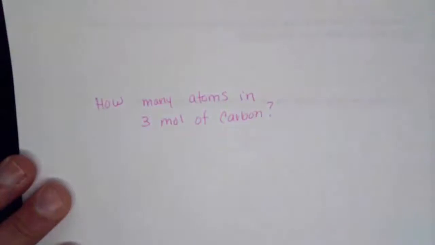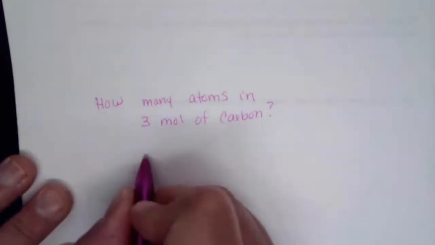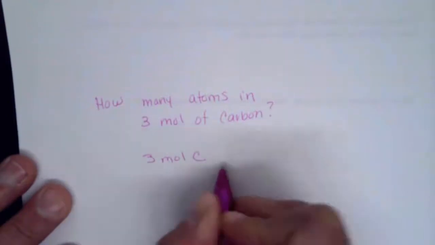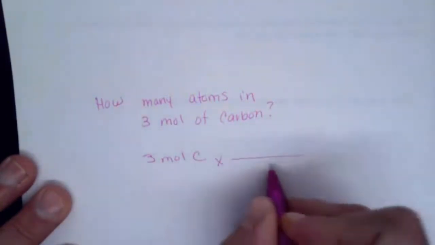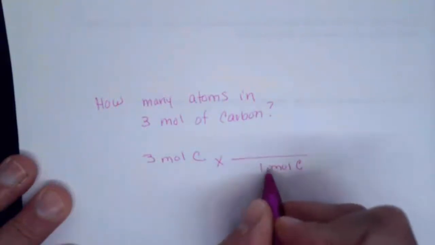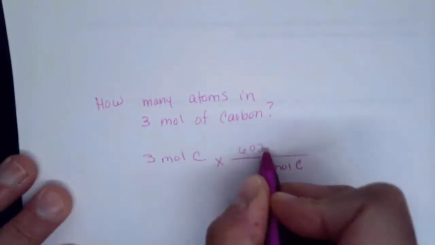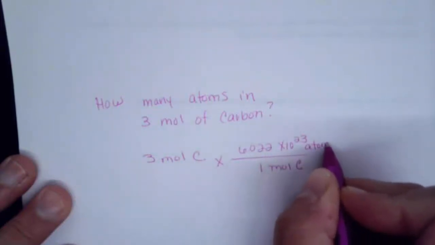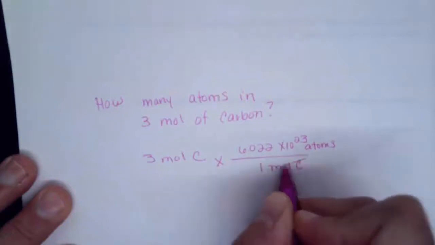So let's just do another quick example problem. How many atoms in 3 moles of carbon? Okay, so we'll take 3 moles of carbon times 1 mole of carbon, and we know that there are 6.022 times 10 to the 23rd atoms in that 1 mole of carbon.